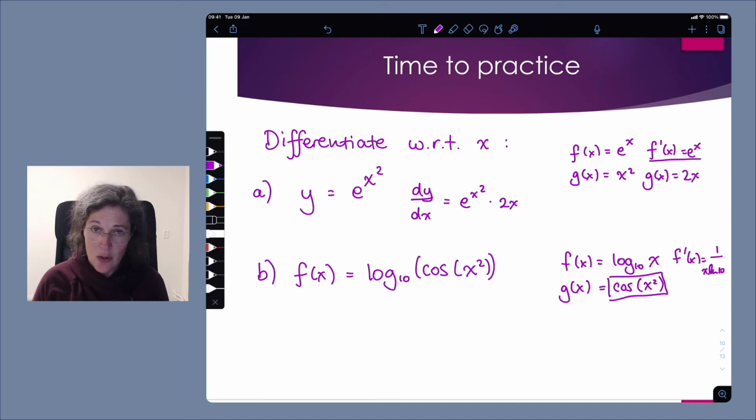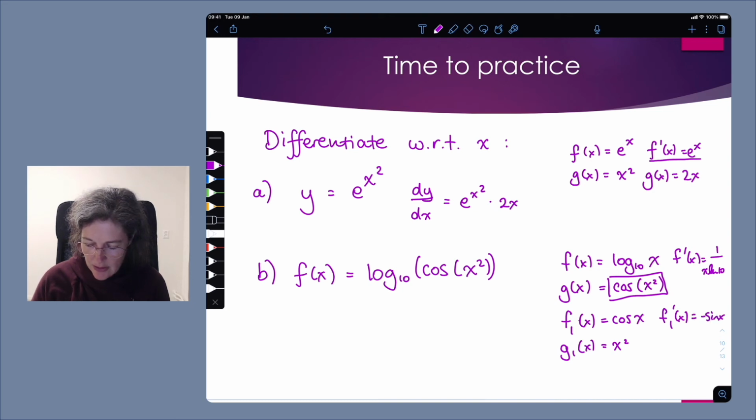And now let's think about taking the derivative of g. Now g has its own composite function. Let's call it f1, which is the cosine of x, and g1, the inner function, which is x squared. So if we look at the derivative of this, the derivative of f1 is minus sine of x, and the derivative of g1 is 2x.